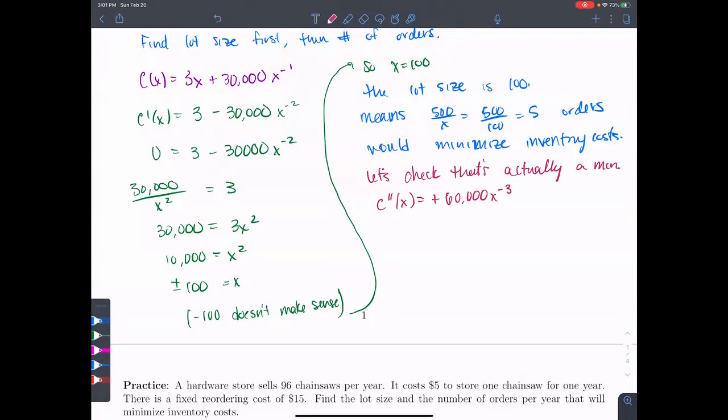If I plugged in 100 there, it would be positive. So up like a cup. So we would have a local min. So the lot size is 100 and 5 orders minimize inventory cost. That answers the question.